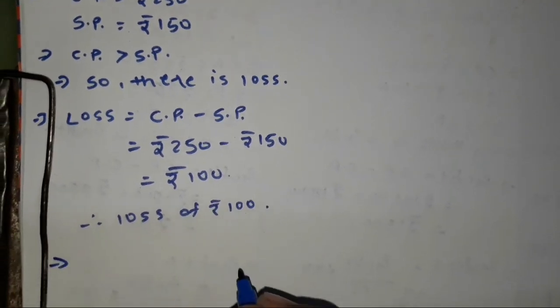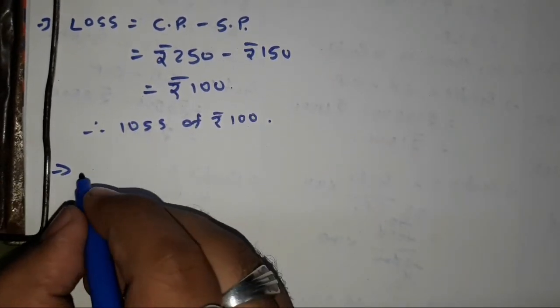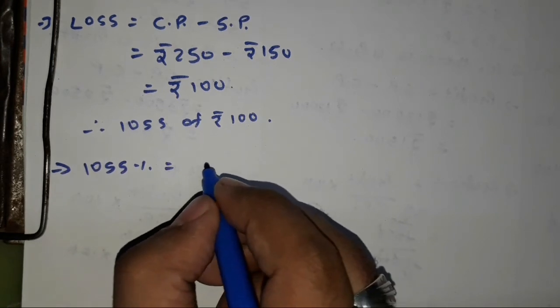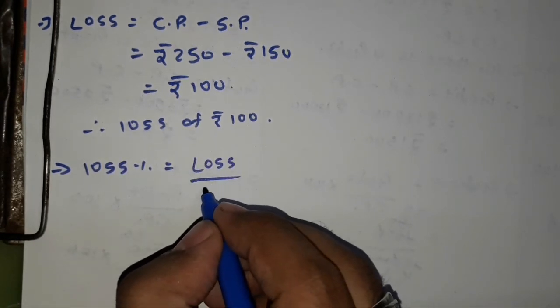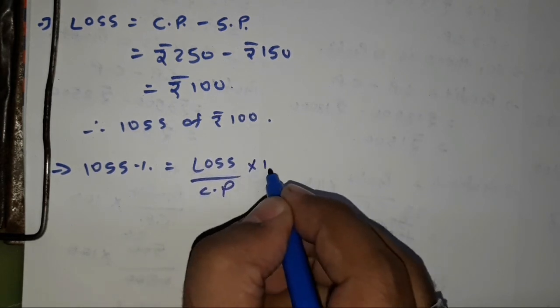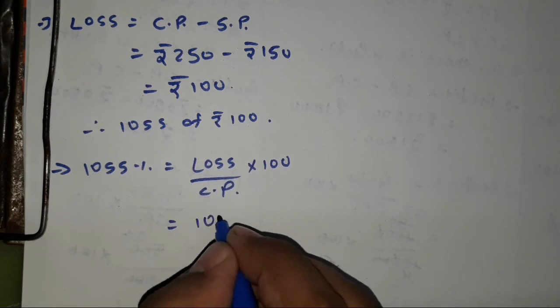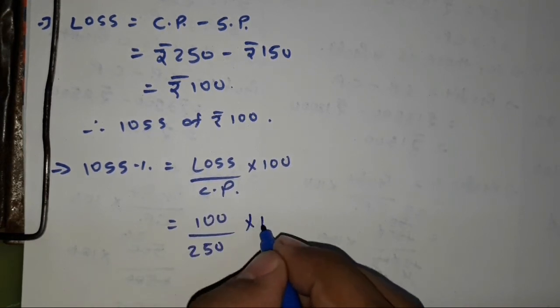Now we have to find loss percentage. So for that, loss percentage is equal to, here the equation will be the same but profit will be replaced by loss, upon cost price multiplied by 100. Whatever the answer, that will be in percentage. So loss is 100 rupees, cost price is 250 multiplied by 100.